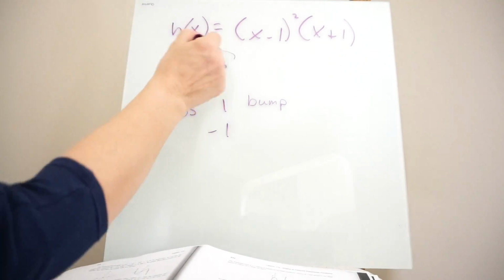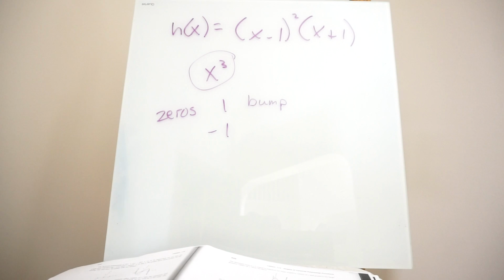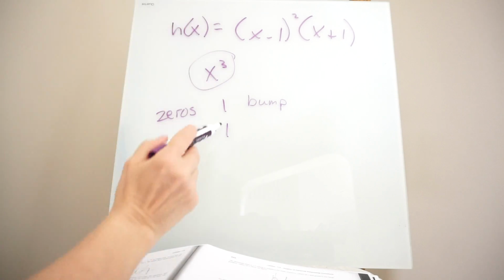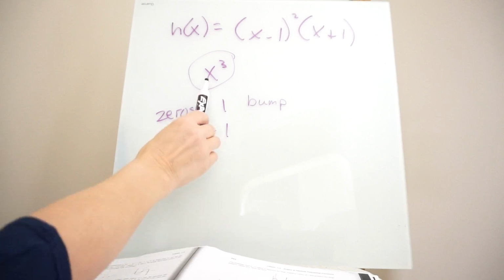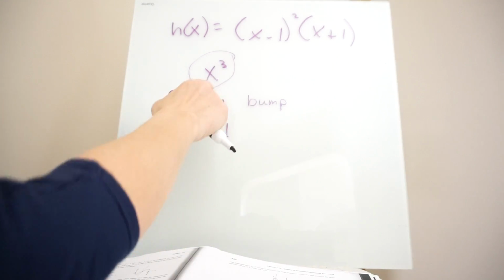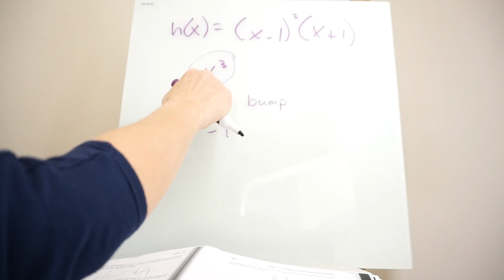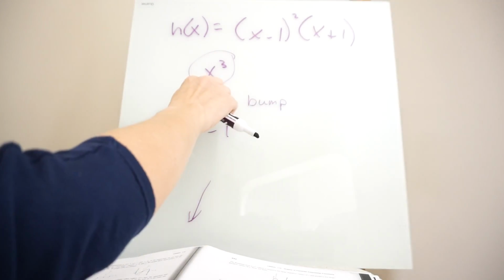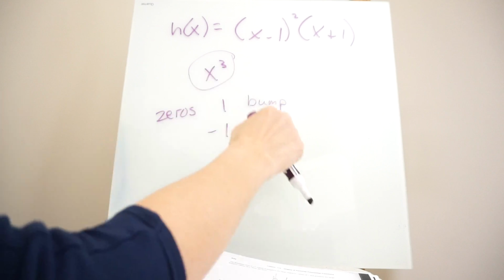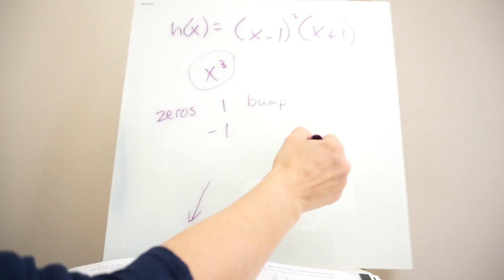So now let's take a look at this. If our x values are very large negative values, and then you cube it, it is going to be negative. And then a very large positive value of x and you cube it is going to be positive.